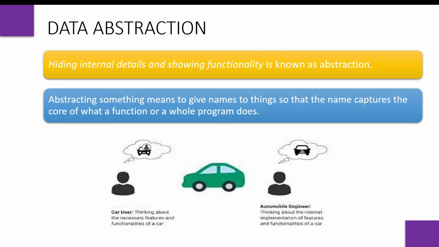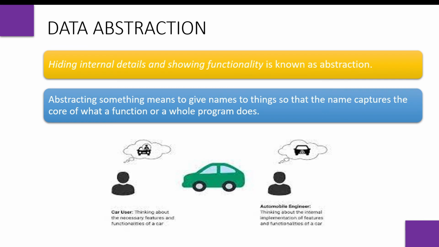Similarly, when we apply this to code, when a user interacts with the interface or the front end, he does not need to know how the code is working at the back end, or how the data is being fetched and given to him. He just has to know how to put an input and get an output.